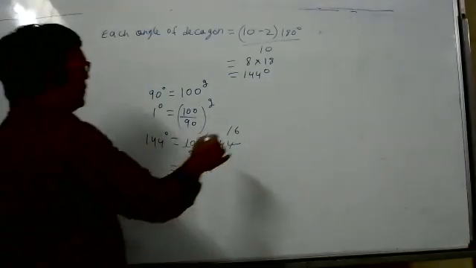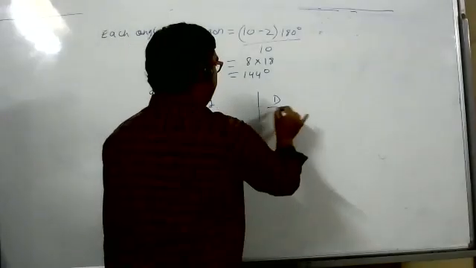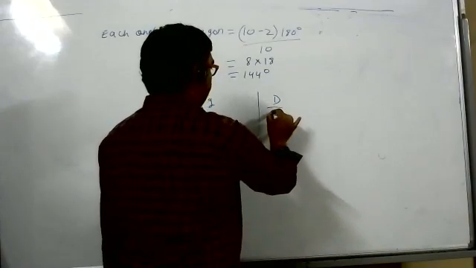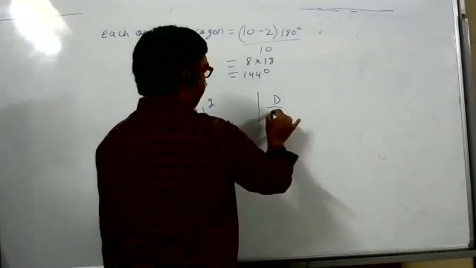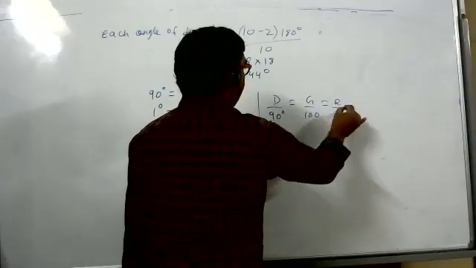Can we do this sum by a formula, students? Degree by 90, grade by 100, radian by pi by 2.